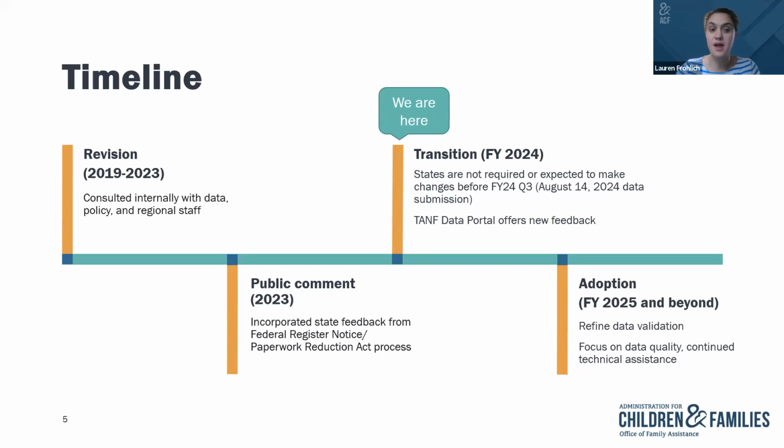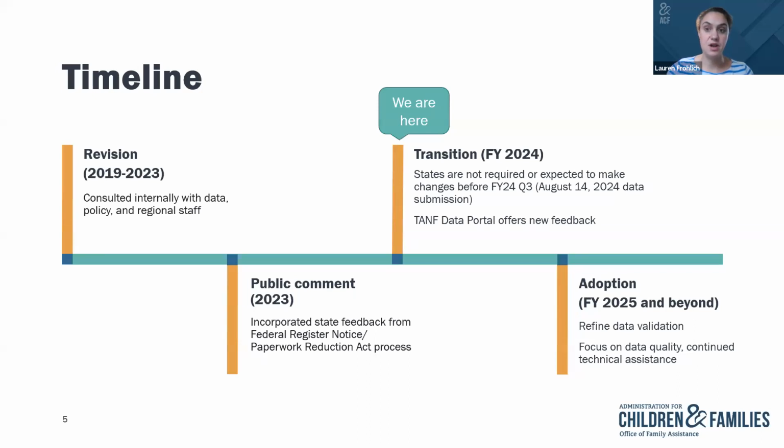But just wanted to say we really appreciate the feedback that we got as part of that process. And so now we are in what we're calling the transition phase. So you may note, and we did get a question to this effect, what do I do if data is already being collected and reported based on the old instructions? So we really are seeing this fiscal year 2024 as a transition.